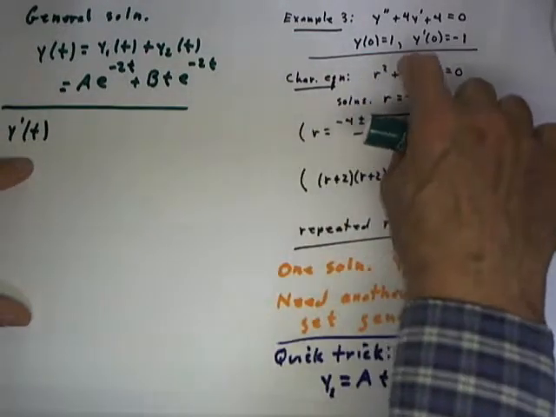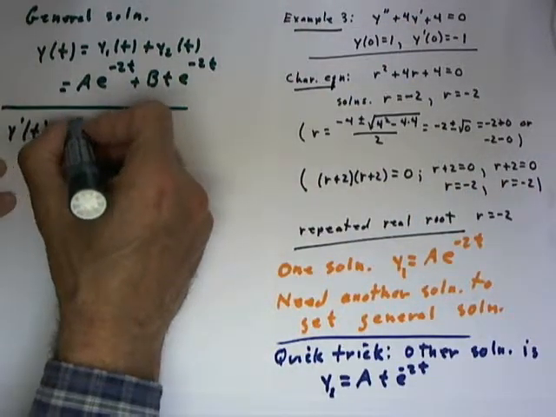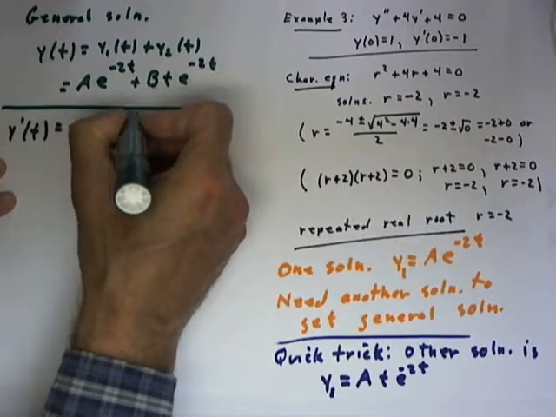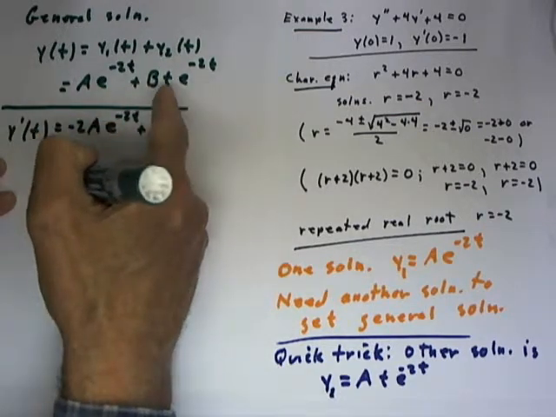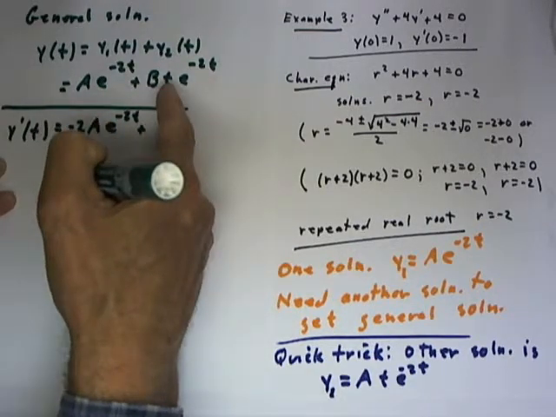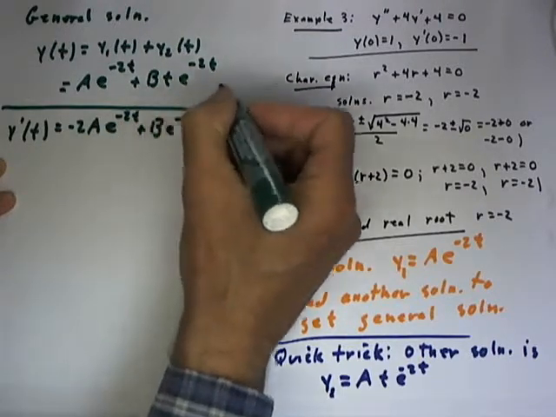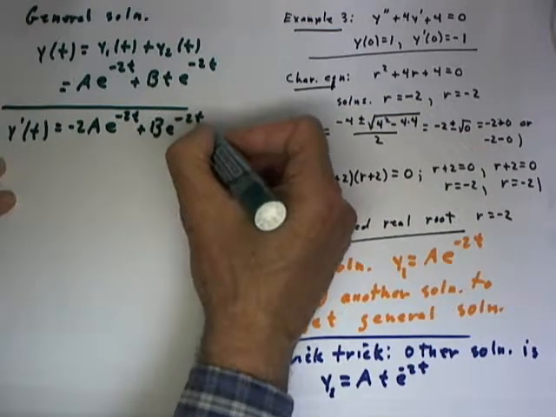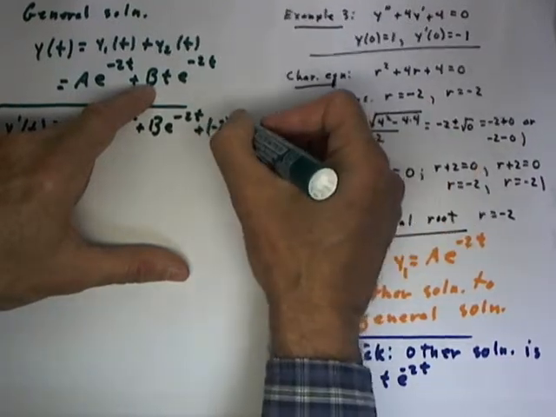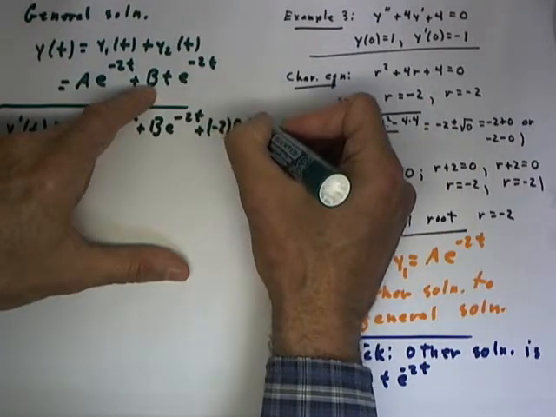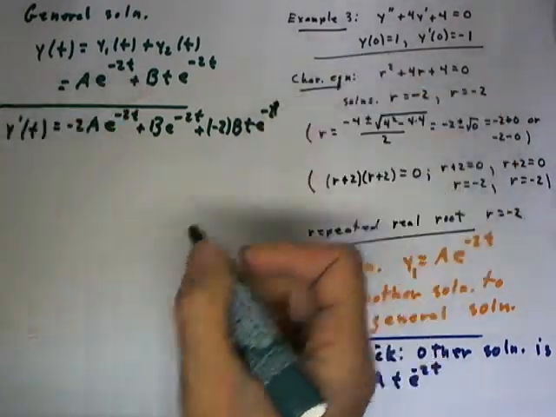Okay, well, one of the initial conditions is on the derivative y prime, so we know that y prime of t equals negative 2a e to the negative 2t plus, what? Product rule, t e to the negative 2t. The derivative of t is 1, so we get b e to the negative 2t. And then we get plus negative 2bt e to the negative 2t. Things got a little crowded there.